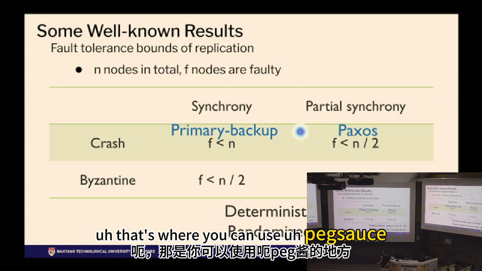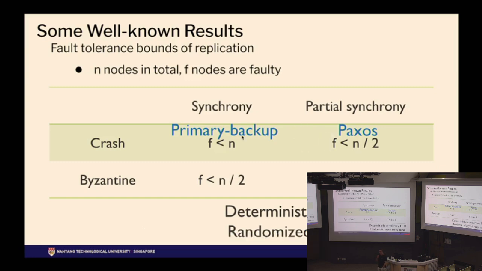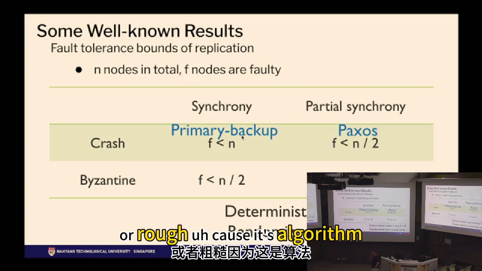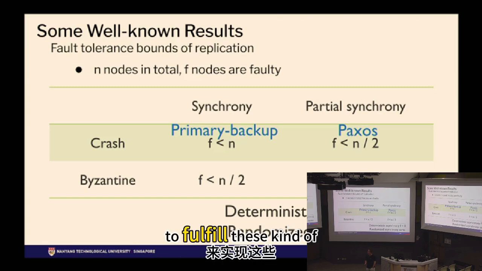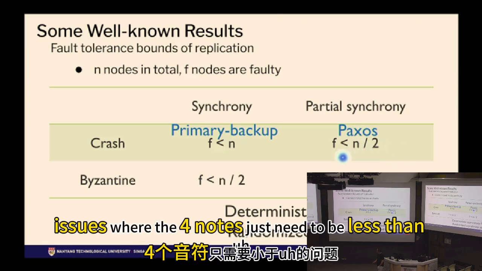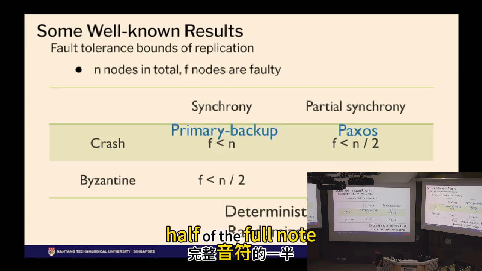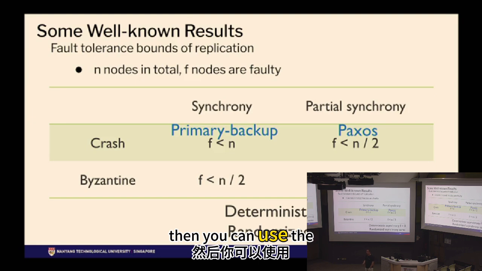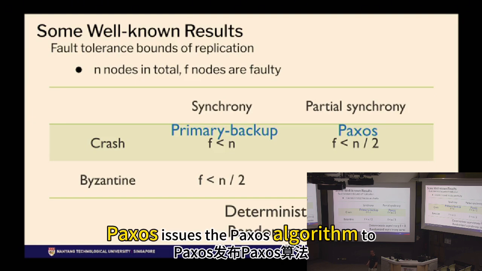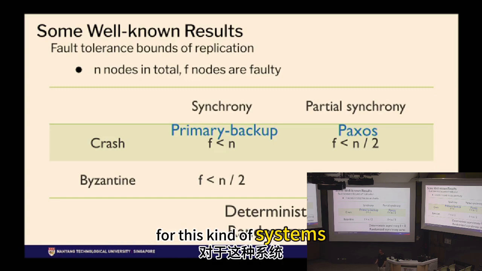That's where you can use the Paxos or Raft consensus algorithm to fulfill these kinds of issues, where the faulty nodes just need to be less than half of the nodes. Then you can use the Paxos consensus algorithm for this kind of system.